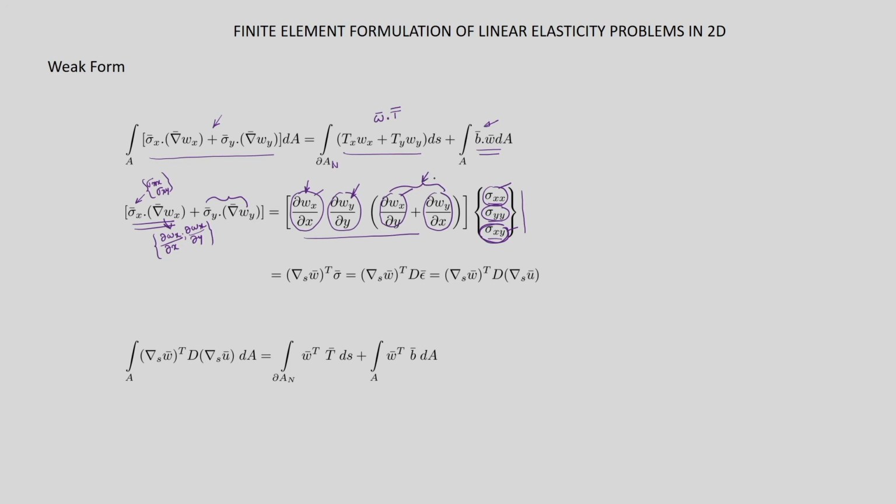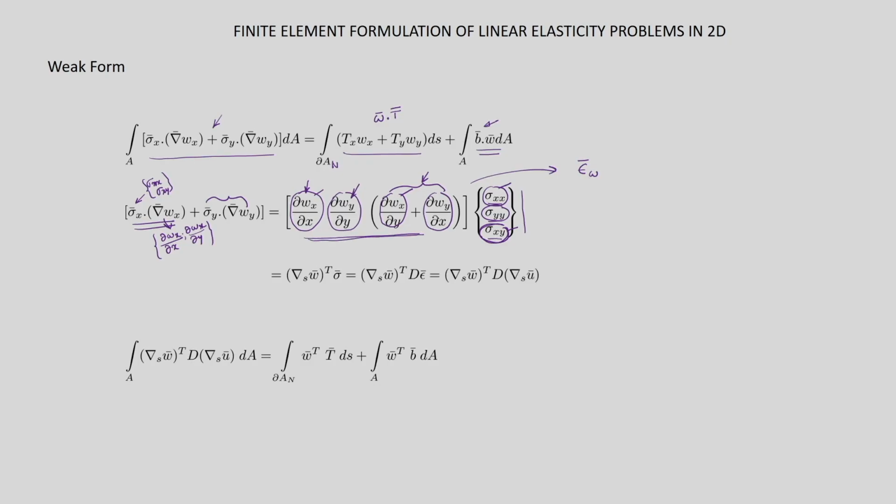You can see this is basically a strain vector because of the displacement W. If I consider W as a variation of u, or in this case a virtual displacement, then this vector represents the strain because of the virtual displacement W. It has three components: del W x del x, del W y del y, and the other component del W x del y plus del W y del x.